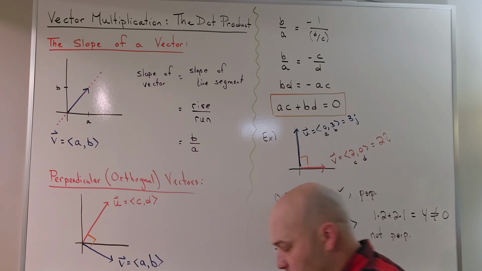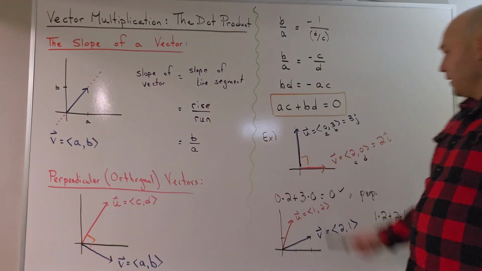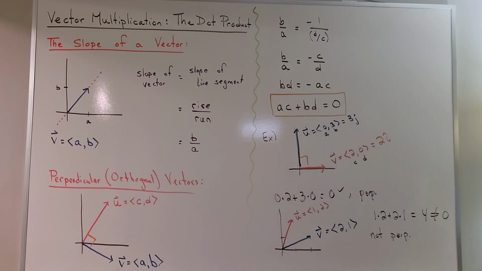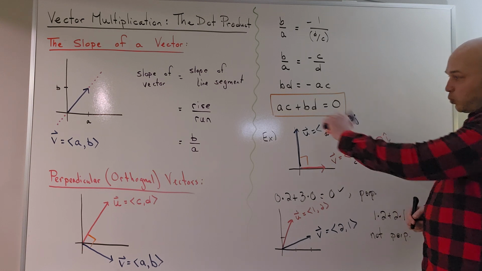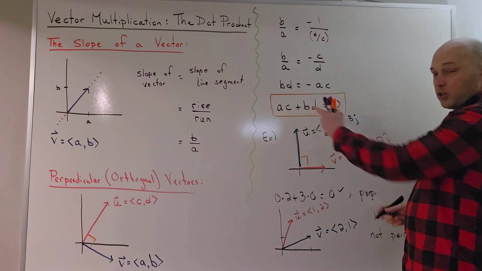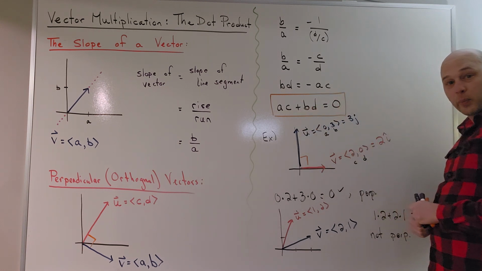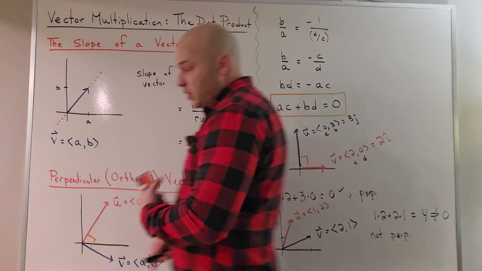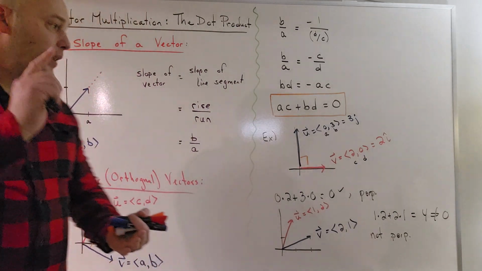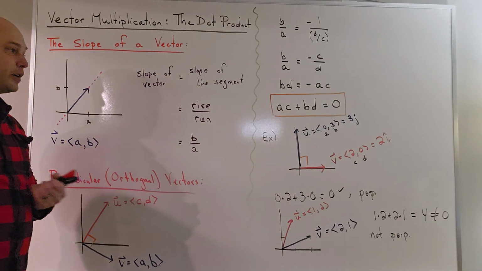Again, just for some simple computations to verify that this equation does in fact work. Well, it turns out that multiplying the components in that way is one application that allows us to determine whether or not two vectors are perpendicular, but it's also going to have some other properties and some other uses as you go through your linear algebra or your Calc 3 course.